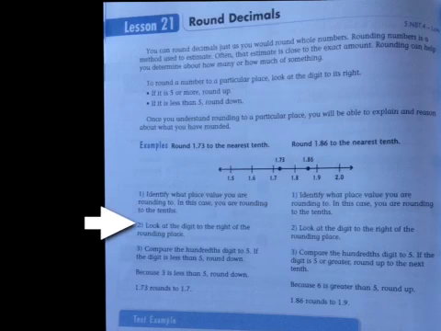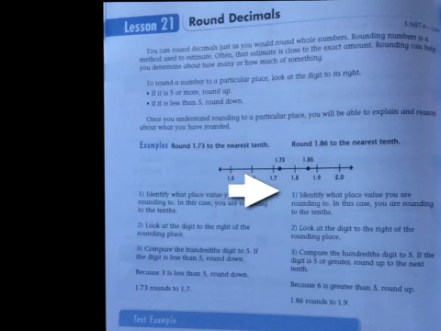Second, it tells us to look at the digit to the right of the rounding place. And then it says to compare the hundredth digit to 5. If the digit is less than 5, then it says round down. Because 3 is less than 5, then it says round down. So 1.73 is going to round to 1.7.